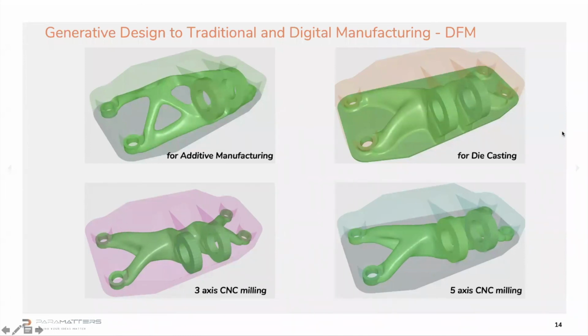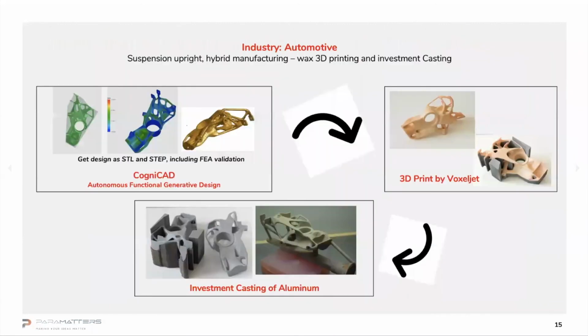So we take die casting constraints into account, but another way is what we call investment casting. Investment casting is a very interesting way of manufacturing, especially complex metal parts.